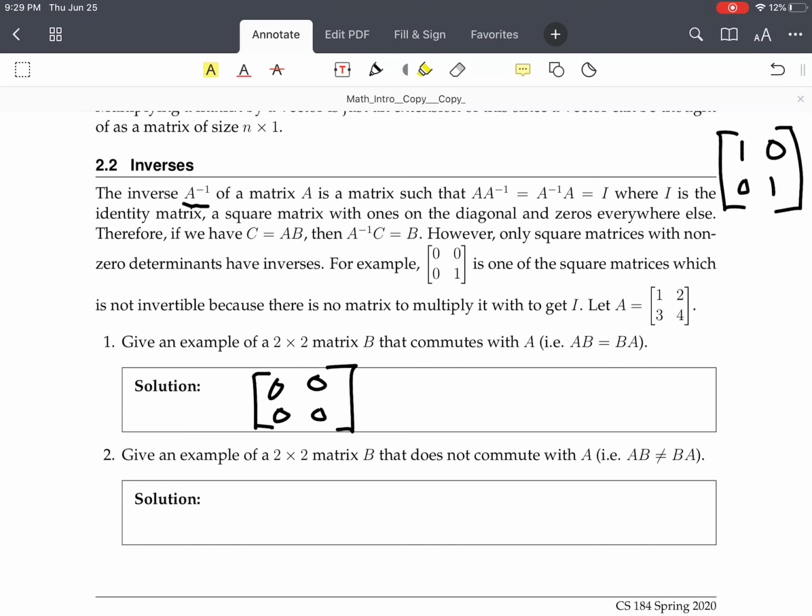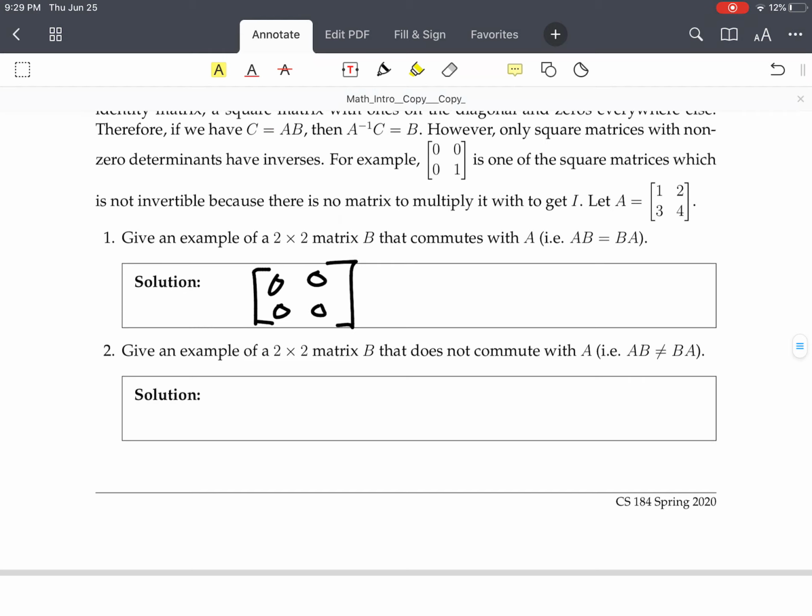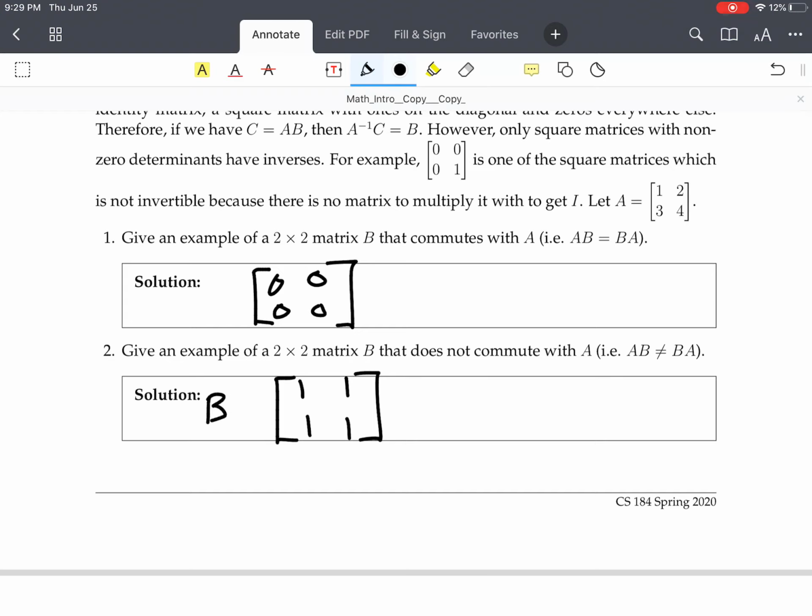Okay? And now let's come up with a 2 by 2 matrix that doesn't commute with A. So this is easier because there's just a ton of options. So, I mean, we could even just do 1, 1, 1, 1, right? And so let's try this out. Let's make sure that it doesn't commute, right? So say this is B. So let's go.